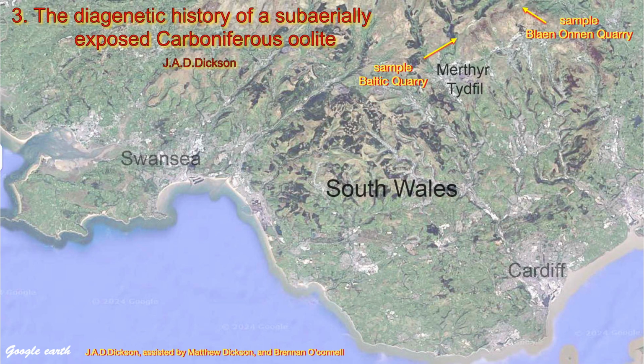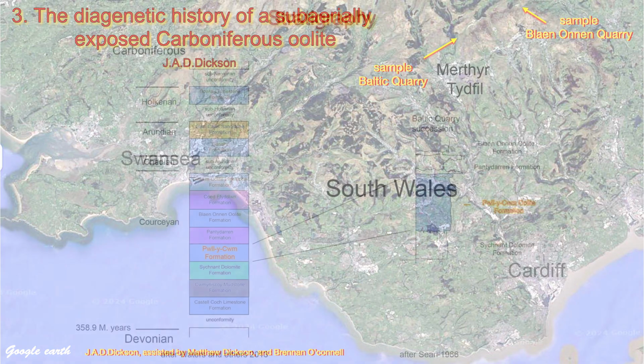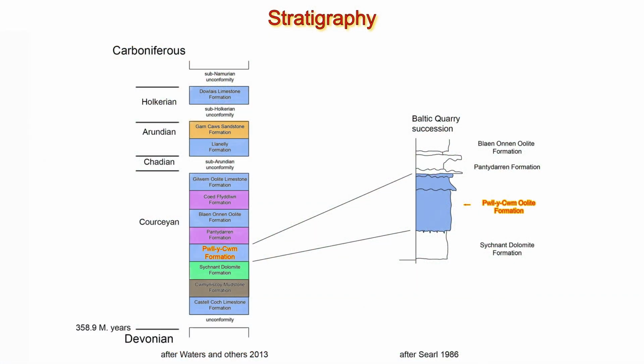One sample comes from the Baltic quarry and one from the Blaenau quarry, north and northeast of Merthyr Tydfil. The oolite described is the Pulthicum oolite, assigned in 2013 by Waters and others to the early Carboniferous Chadian stage.